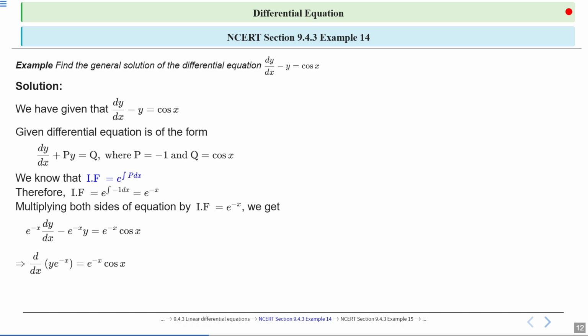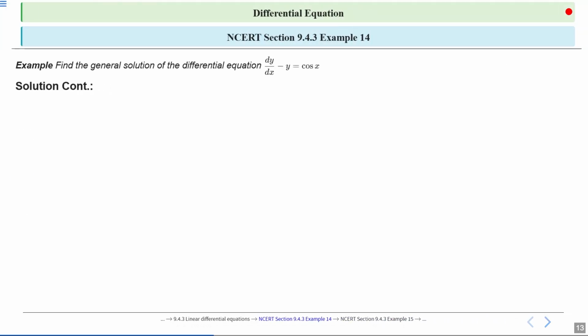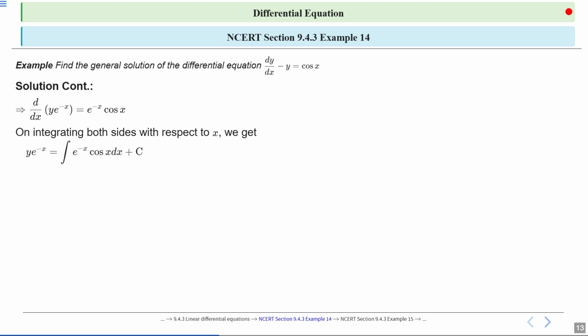So we get exactly the LHS, that is e to the power minus x dy by dx minus e to the power minus x y. So on integrating both sides with respect to x, we get y into e to the power minus x is equal to integration of e to the power minus x cos x dx plus c.